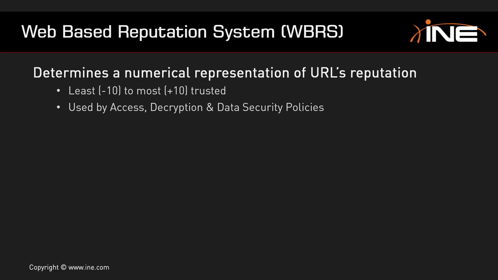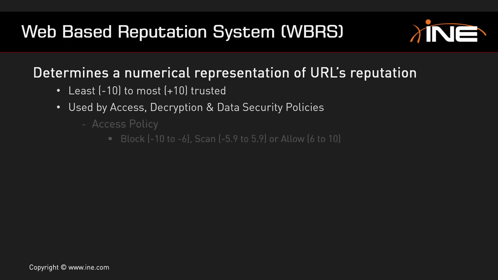Decryption policies is what we will use to decrypt HTTPS communication. Data security policies, this is what you will use to control uploads, so from the clients, somewhere outbound, like what type of files you want to allow to be uploaded, what files you want to block, stuff like that. From the clients to the servers.